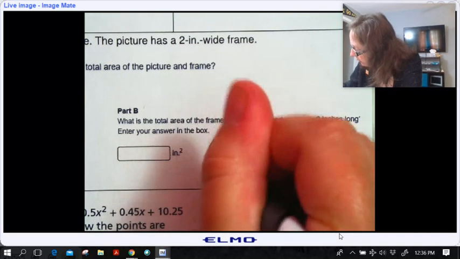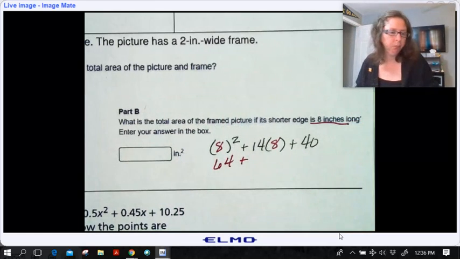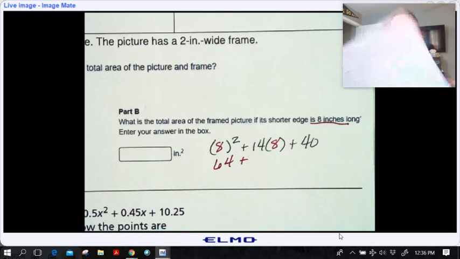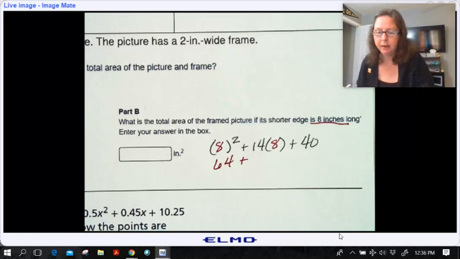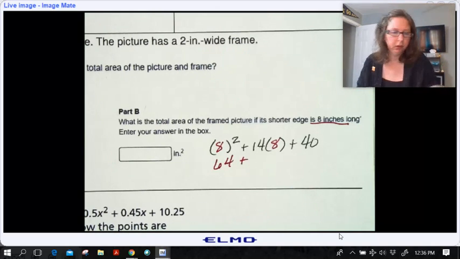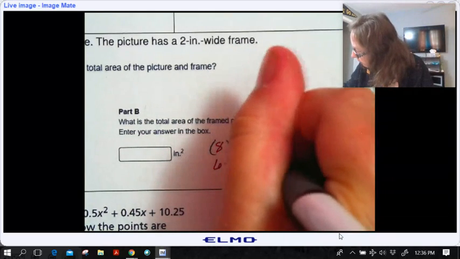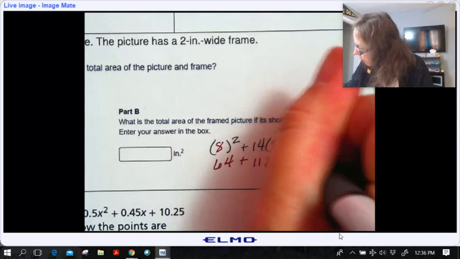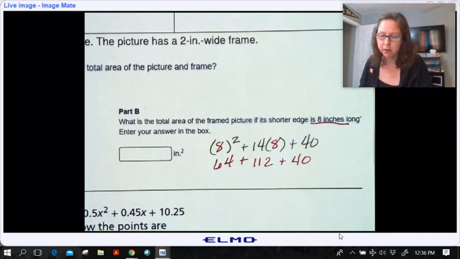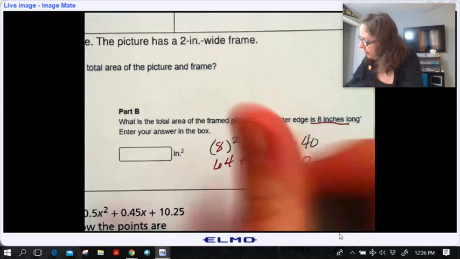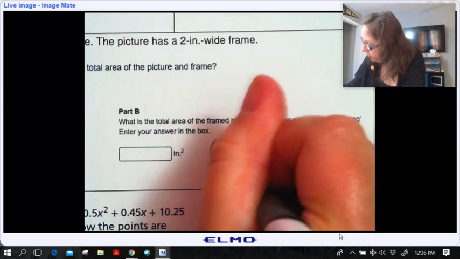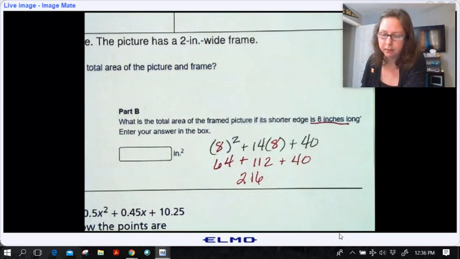I get 64 plus 14 times 8 is, where's my calculator? I don't know. 14 times 8 is 112 plus 40. And then if I add all of that together, I should get 216.